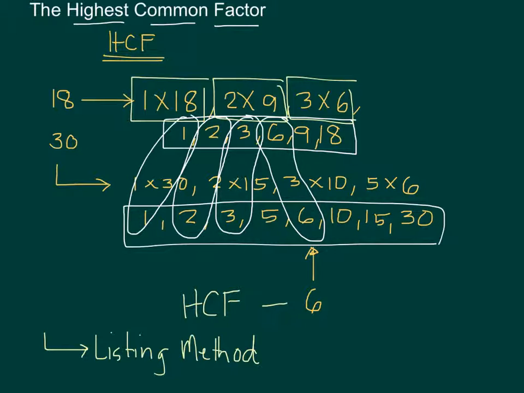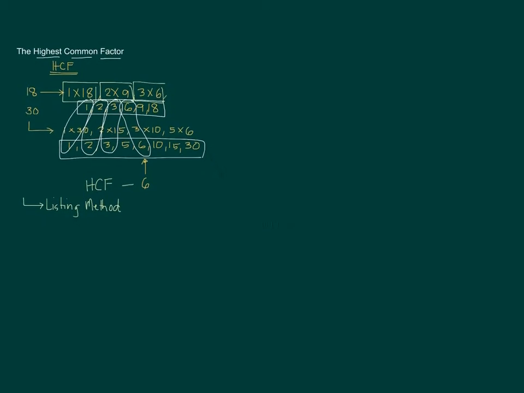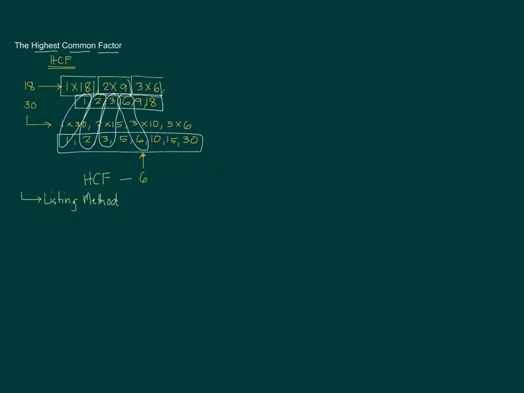So aside from the listing method, I'll introduce another method of finding the HCF, and that is the use of prime factorization. Let me explain the idea behind the second method. We'll use the same numbers, 18 and 30. So how do I get the prime factors of 18?